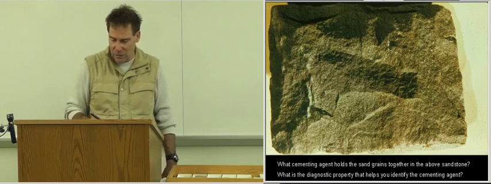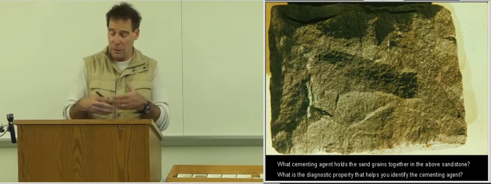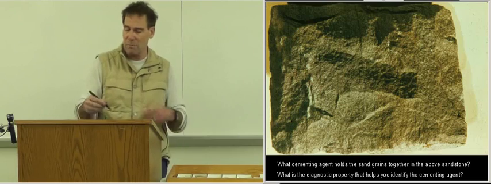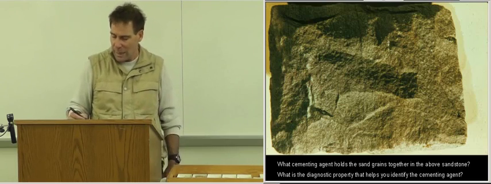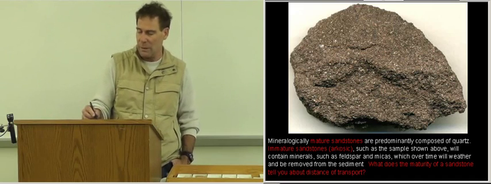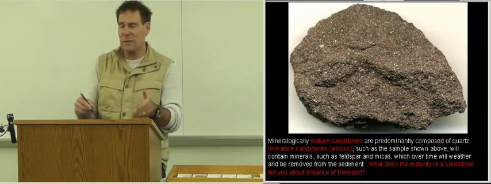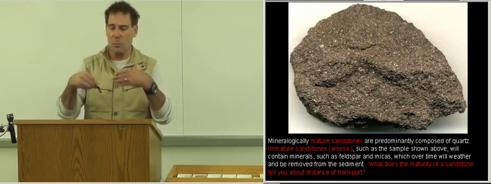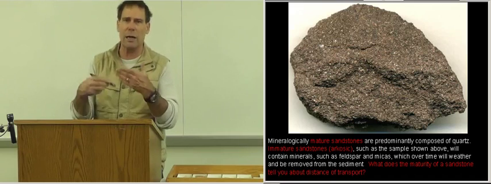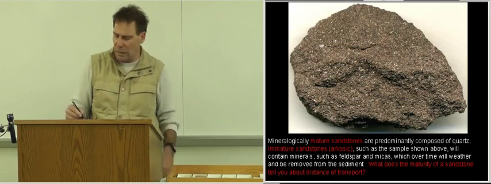There are other sandstones that you're going to look at that include other minerals besides quartz, such as micas or lithic fragments, and these are your mineralogically immature sandstones because they've been through, if you will, not as much of an intense weathering regime. The more weathering that a sediment will go through, the more likely you'll have greater and greater concentrations of quartz. Okay? So all this you'll look at in laboratory.